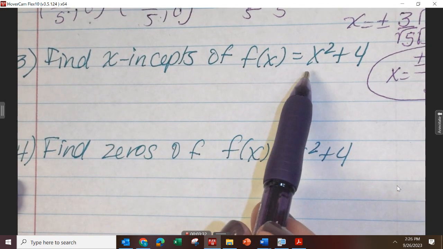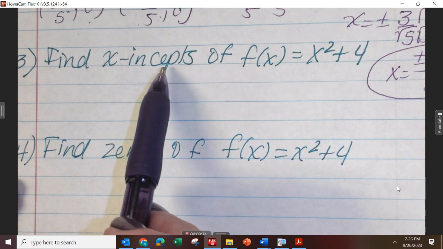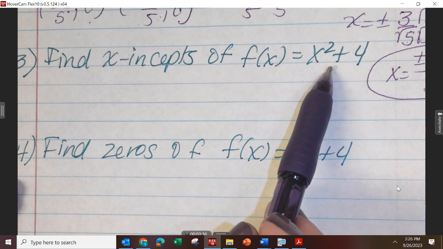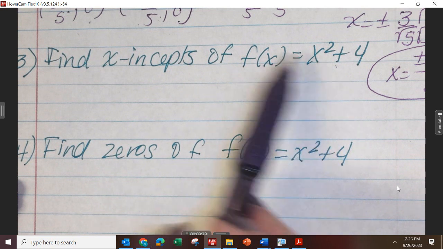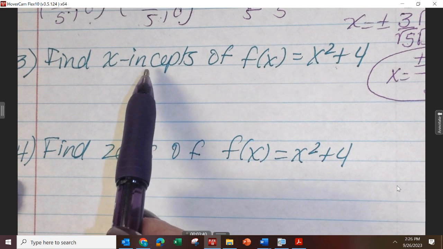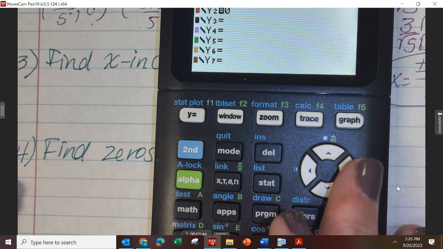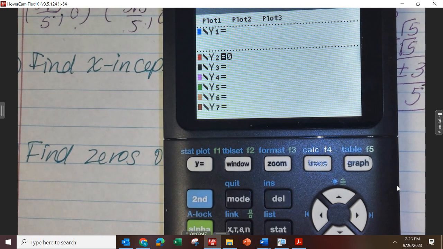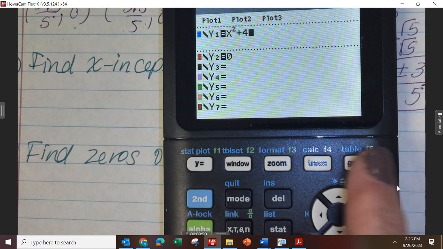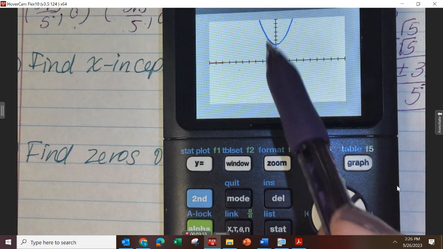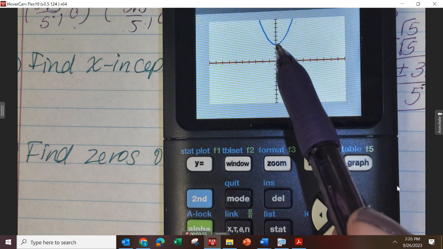Okay, x-intercepts of this. What'd you guys say on this? Okay, those are not x-intercepts, because when we're talking about x-intercepts, it has to cross the x-axis. If I were to put in x squared plus 4 and graph it, that is a parabola that's been shifted up 4 units.